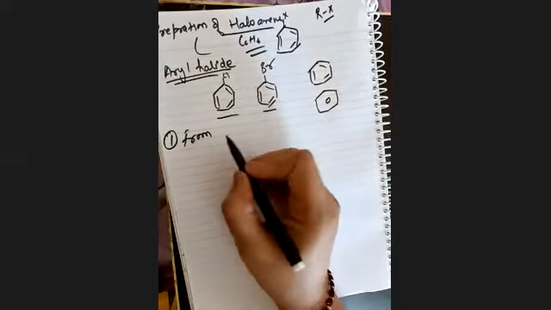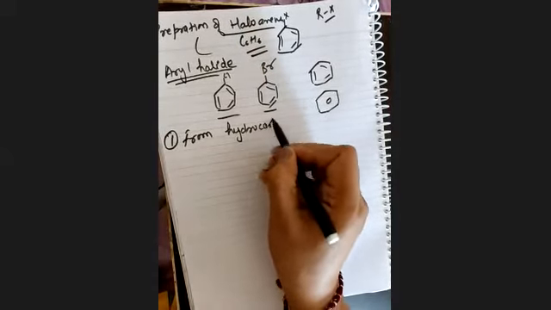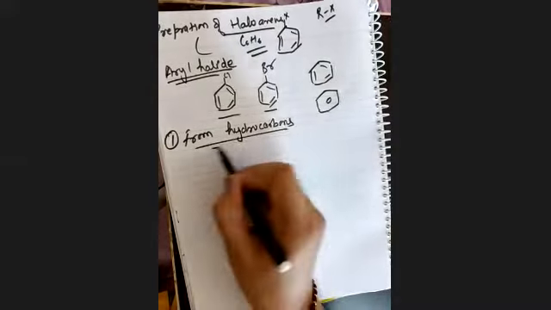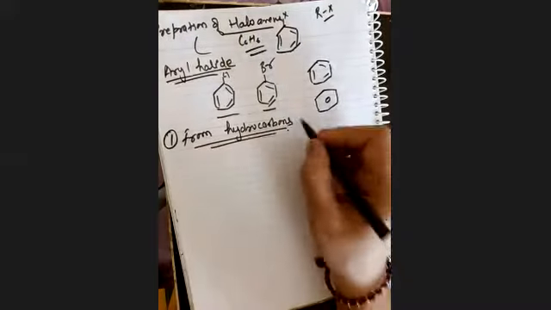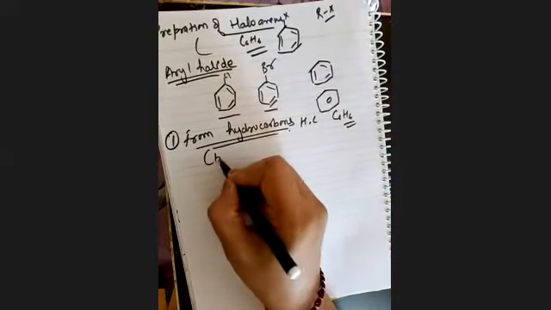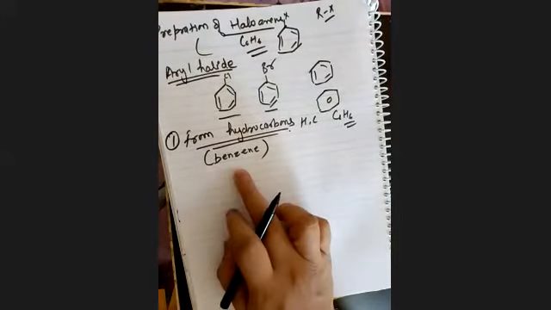So it will be from hydrocarbons, and hydrocarbon is where we have hydrogen and carbon. In benzene, C6H6, the formula of benzene is this. So the basic hydrocarbon here is benzene.